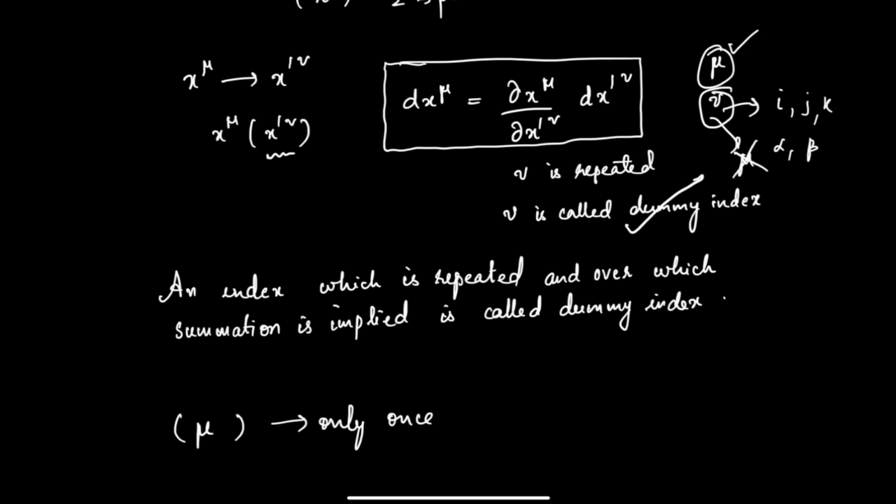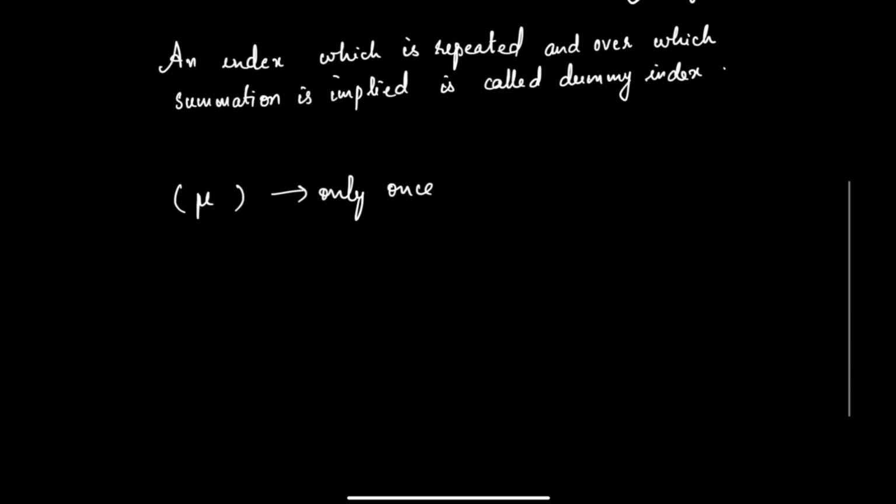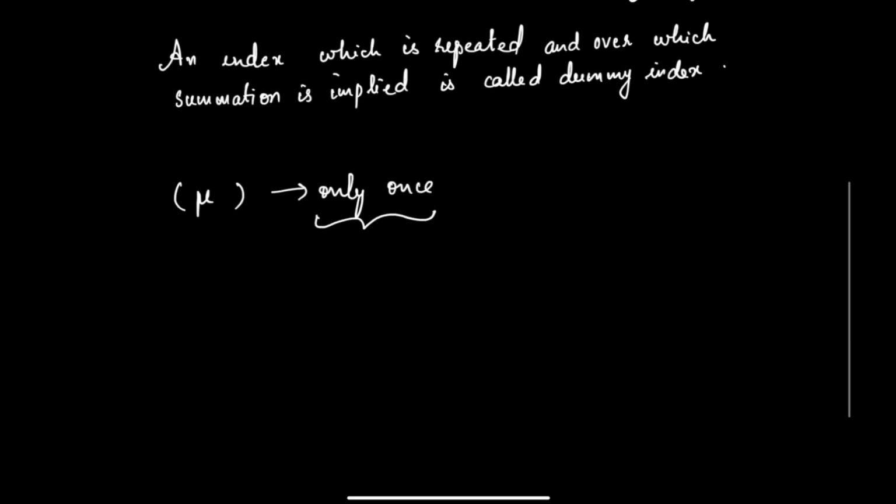If it appears only once, then it has a definite value, and this value can range from 0 up to n, where n is the dimension that we have considered in that particular case.